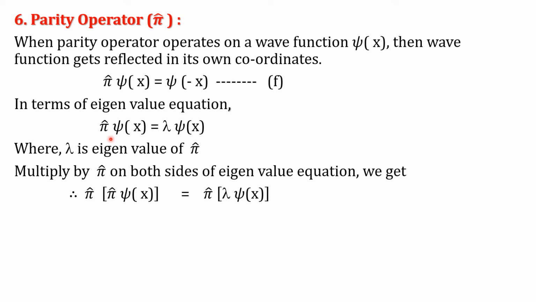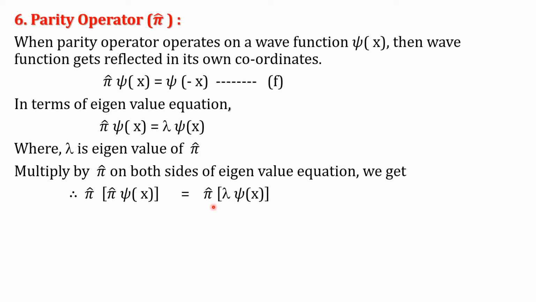We write the parity operator which operates on that term: Π ψ(−x) equal to, here it also operates on the other side, Π into bracket λ ψ(x). Now we simplify that term.